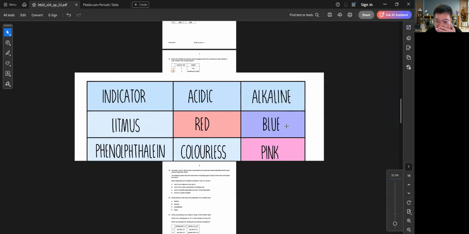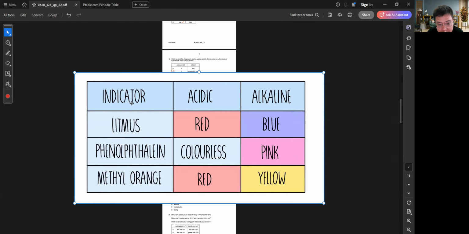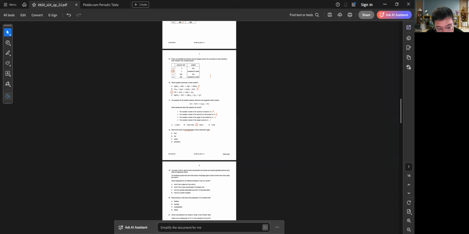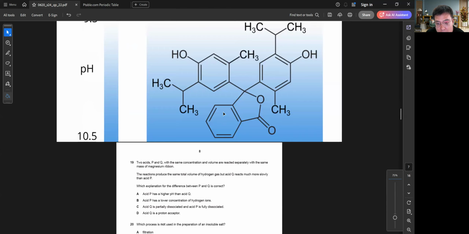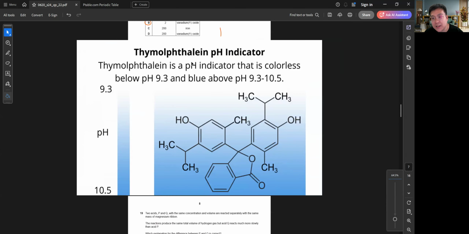Maybe I zoom out. So thymolphthalein. Sorry, that one there's only phenolphthalein. All right. Yes, this one here. So students can actually memorize this. Thymolphthalein is colorless below pH 9.3.